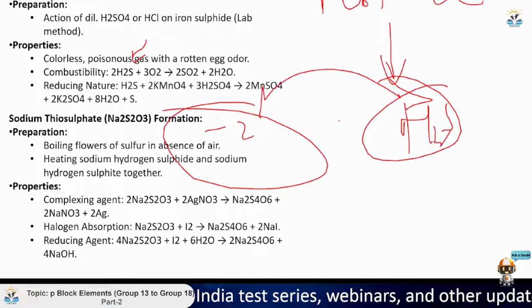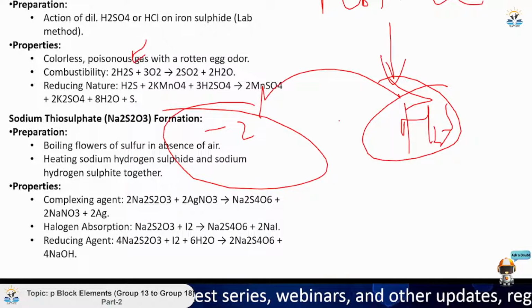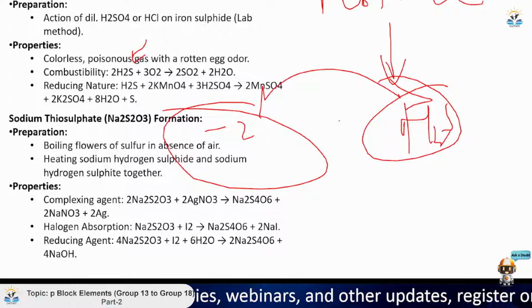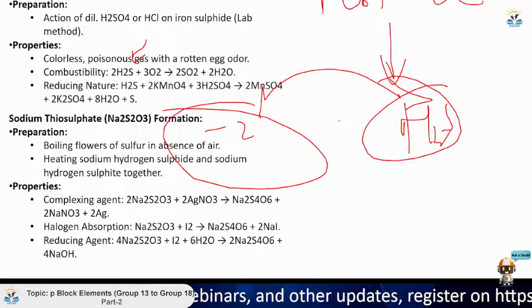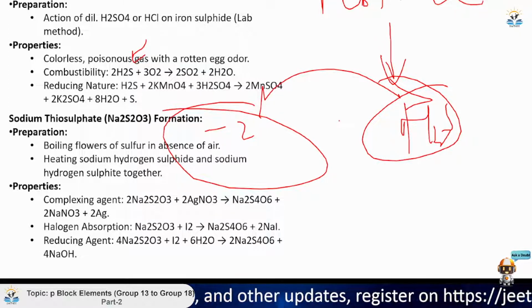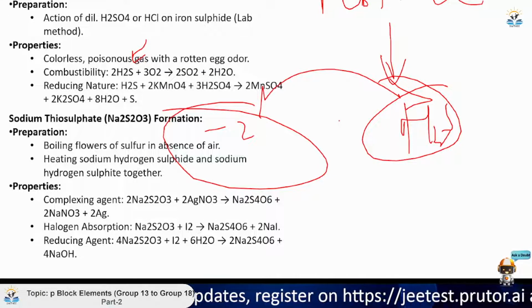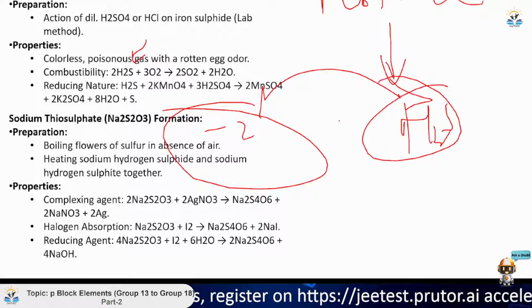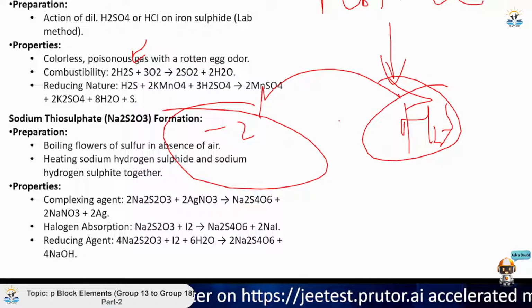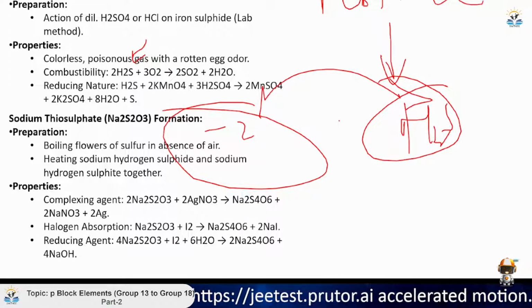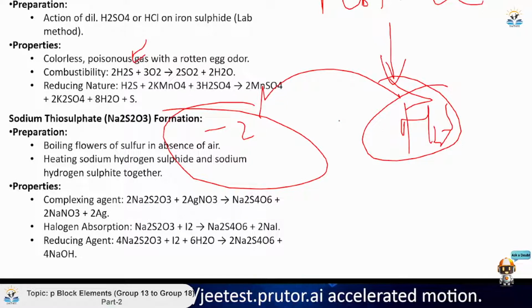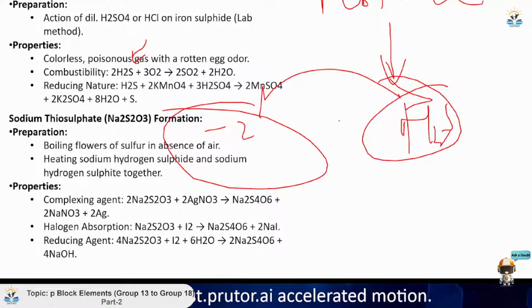And along with that, we have another compound called sodium thiosulfate. Sodium thiosulfate is also a very important compound, and at times it is used as a reducing agent. You prepare it by heating sodium hydrogen sulfide and sodium hydrogen sulfite.